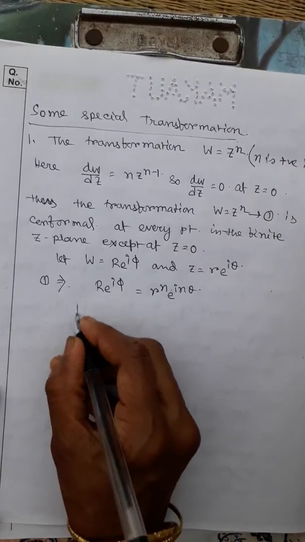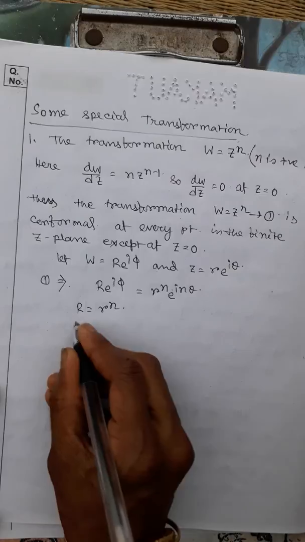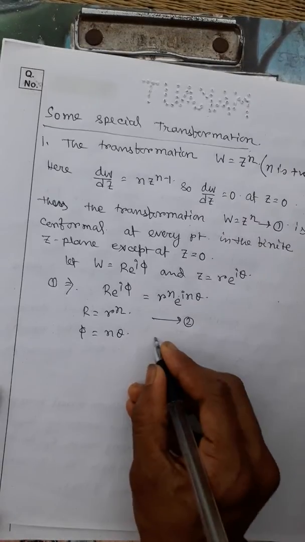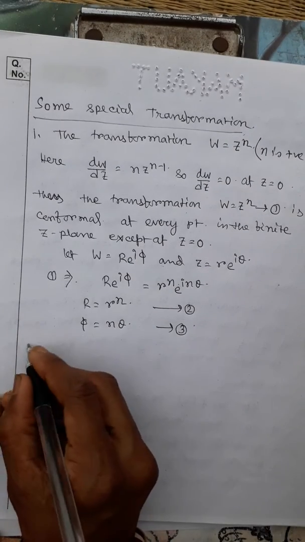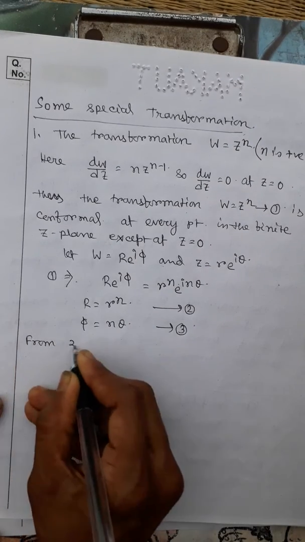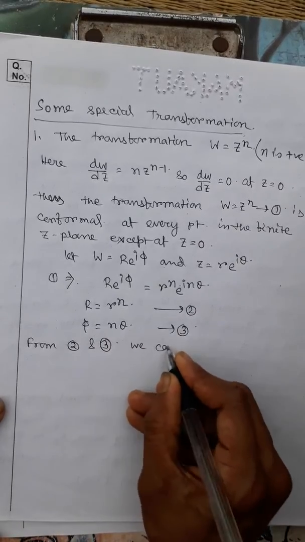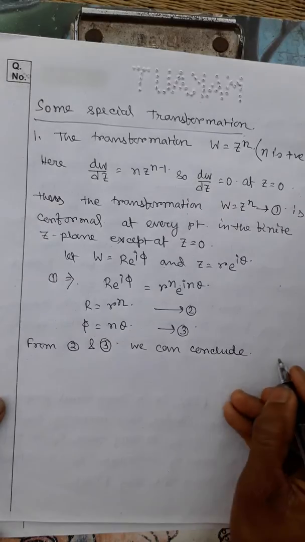That means from here R = r^n and φ = nθ. This is 2 and this is 3. So from 2 and 3 we can conclude the following facts.